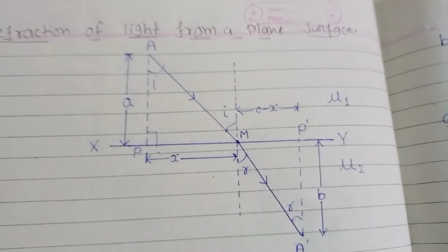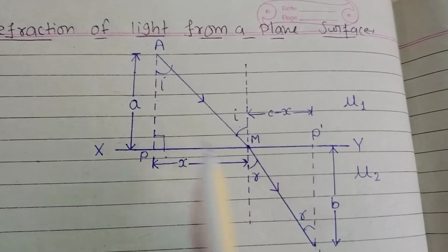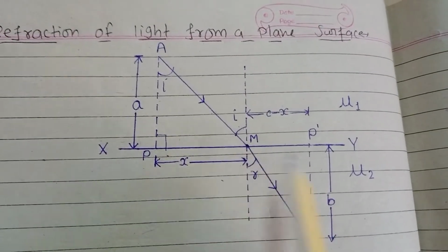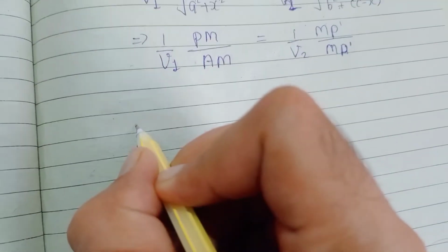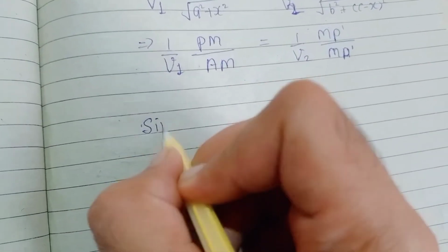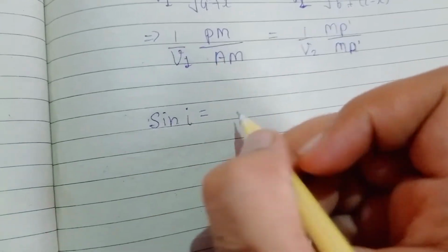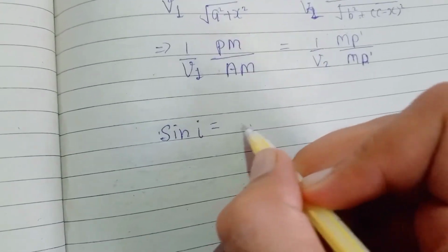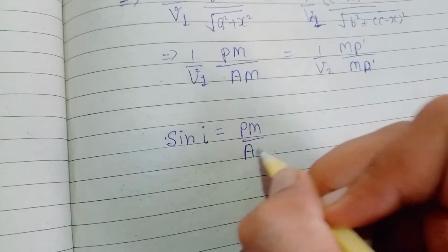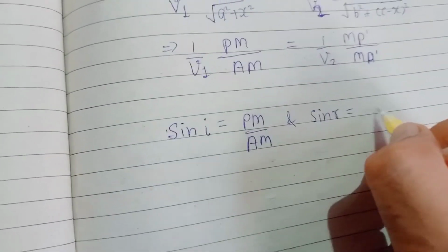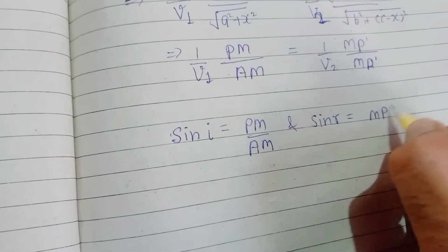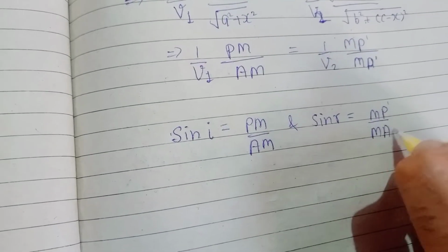Now we can calculate the value of sin I and sin R by these two triangles. So here I is the angle of reflection, so sin I is equal to Pm upon Am, and similarly sin R will be equal to mp dash upon ma dash.